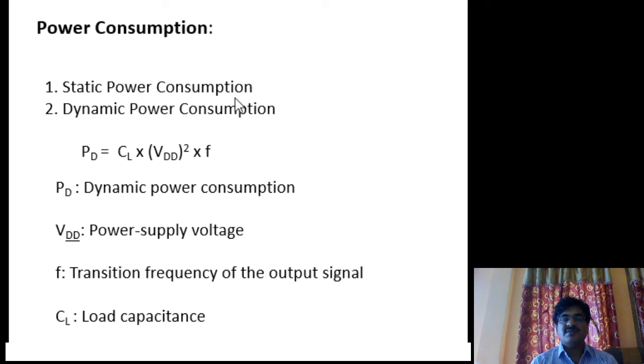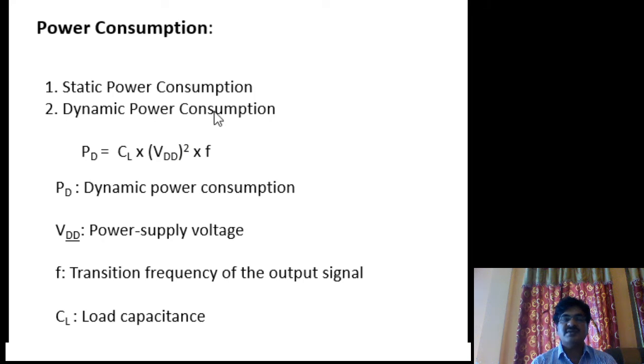Whereas the other is dynamic power consumption. This is the power consumption because of transitions. So without transitions, the power consumption is referred to as static power consumption. With transitions, the power consumption is known as dynamic power consumption. Out of these two, the higher power consumption value is dynamic power consumption, whereas the static power consumption value is very small.